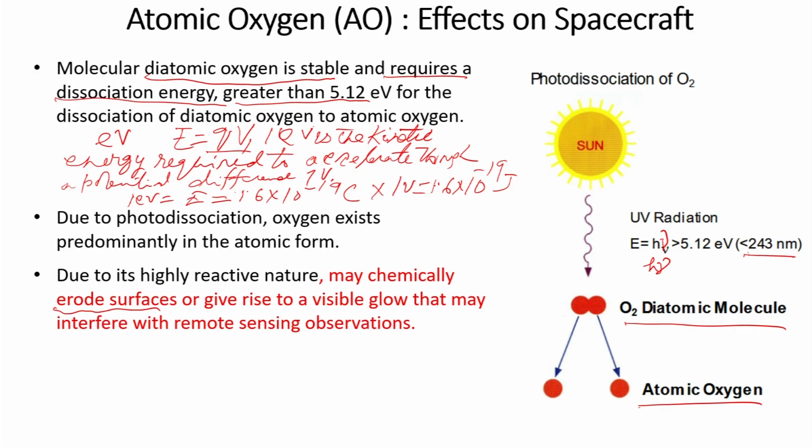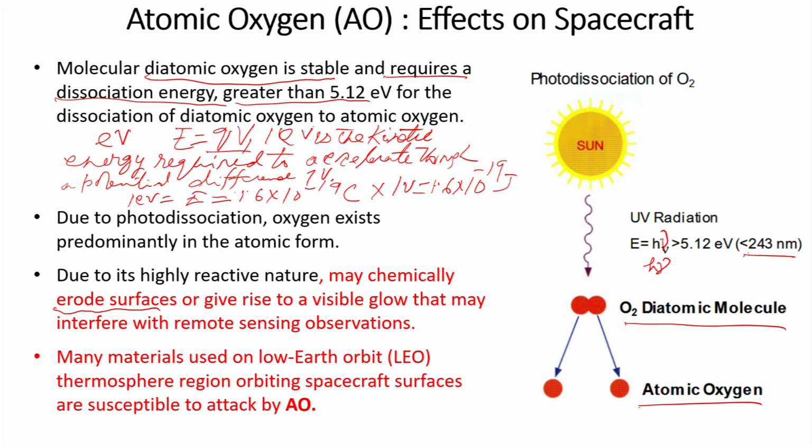We will see through a schematic. It can remove the material, or in molecular form after the chemical reaction. So, this is called erosion. Because of this erosion or sputtering, there can be some sort of chemical etching on the surface, and this changes the chemical properties of those materials.